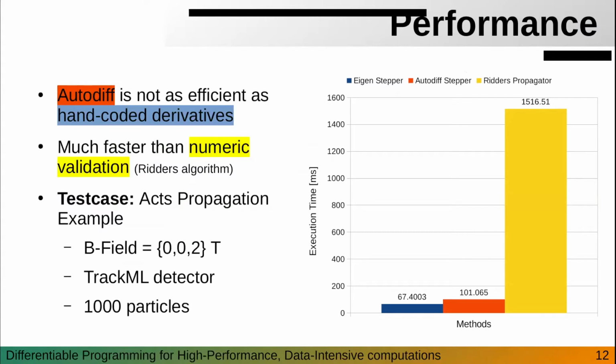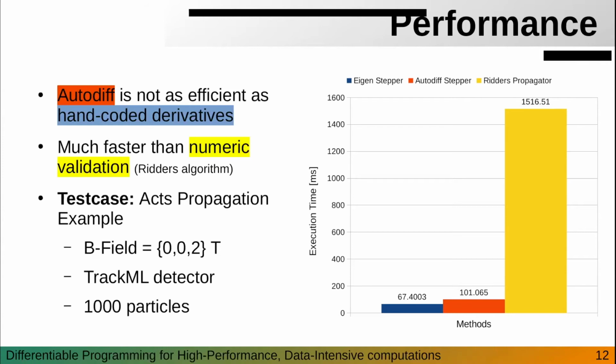We see that the numerical validation, which is not so surprising, is much slower than the automatic differentiation and the hand-coded differentiation. But we also see that Autodiv is not as fast as the hand-coded differentiation. I think there are several reasons, and one is that the hand-coded derivatives can take some shortcuts which the Autodiv one cannot, because it computes all occurring derivatives.